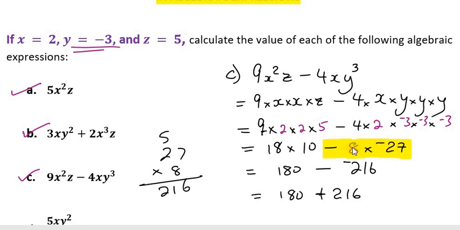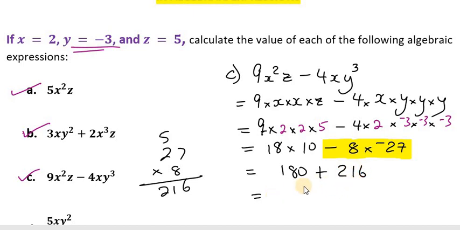It's okay to take the sign before the 8, okay? So we can say negative 8 times negative 27. That's negative times negative, that's positive. So right away, from the very get-go, we could have simply said 18 times 10, that's 180. And negative times negative, that's positive. And 8 times 27, that's 216.